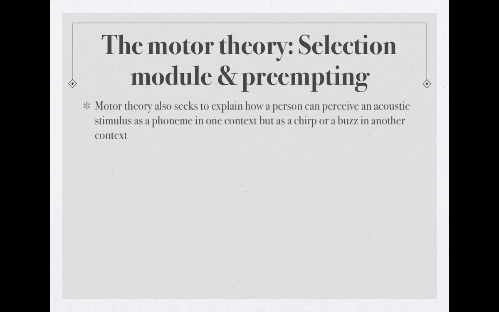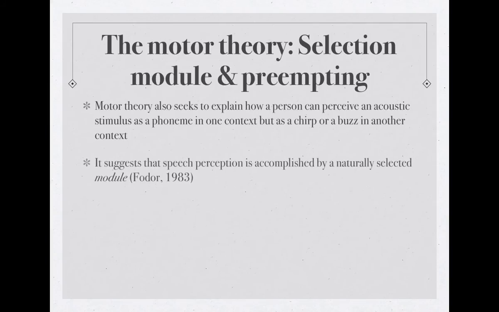Motor theory also seeks to explain how a person can perceive an acoustic stimulus as a phoneme in one context, but as a chirp or a buzz in another context. It suggests that speech perception is accompanied by a naturally selected module.